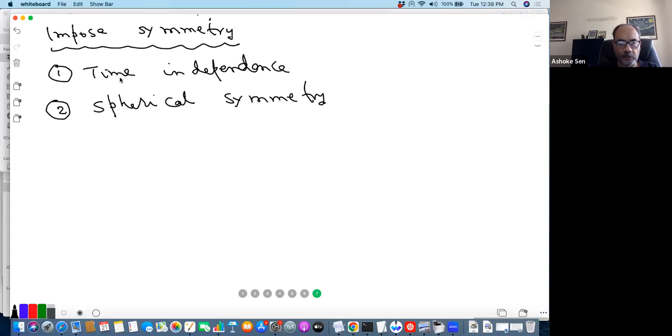You may have a solution which is time independent, and then by making an appropriate coordinate transformation, you can go to a form in which it looks time dependent, because you can simply change the definition of the time coordinate. So there is a way to specify what one means by time independent and spherical symmetry in a coordinate independent way.